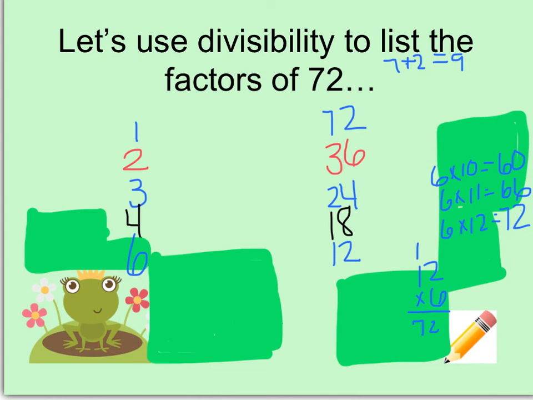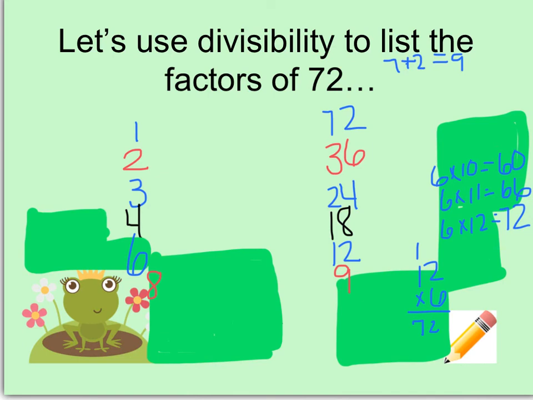8 also doesn't have a good trick, but I do see that 72 adds up to be divisible by 9 because 7 plus 2 is 9, and 9 is divisible by 9. I also know from my multiplication that 8 times 9 is 72.